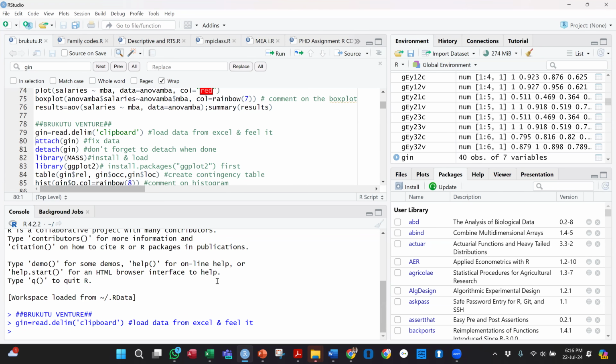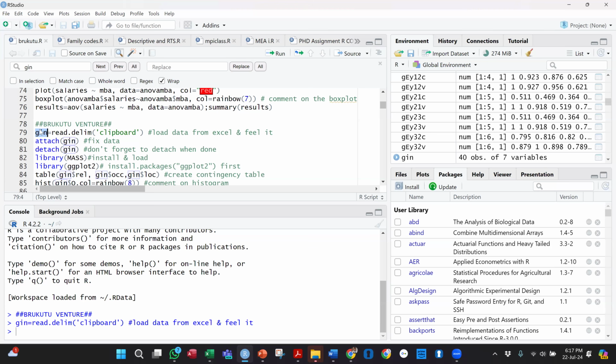Now, if you are not so sure whether your data has been loaded, you can look at it by highlighting the gin. The gin is just a name I gave to the data because it's about gin bitters. If you are dealing with cars or water or salary, you can use a short letter. You can even use a single letter to represent the name of the data.